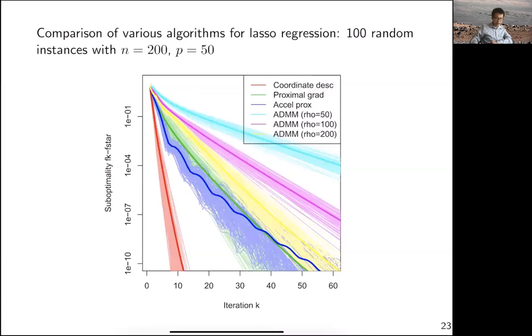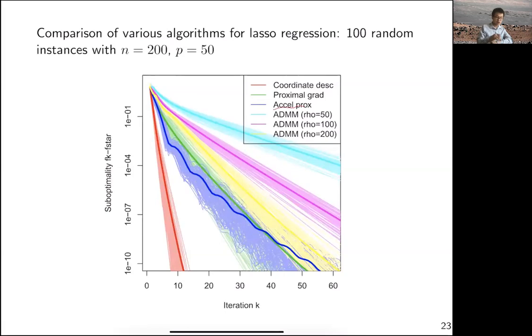ADMM is pretty comparable to all the other methods. Accelerated proximal gradient does reasonably well, but ADMM is not too far behind. It does depend on the choice of rho. For some rho, it performs better; for other rho, not so much. But basically, the story is that it behaves more or less like a first order method.